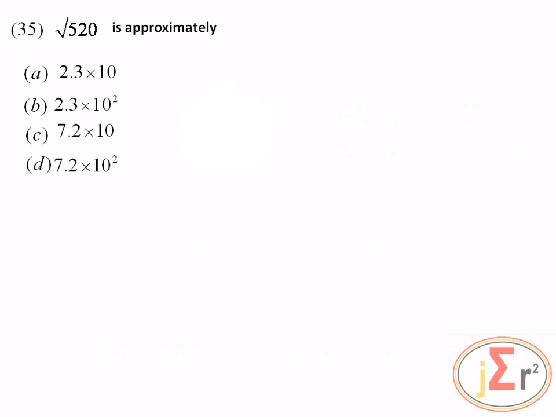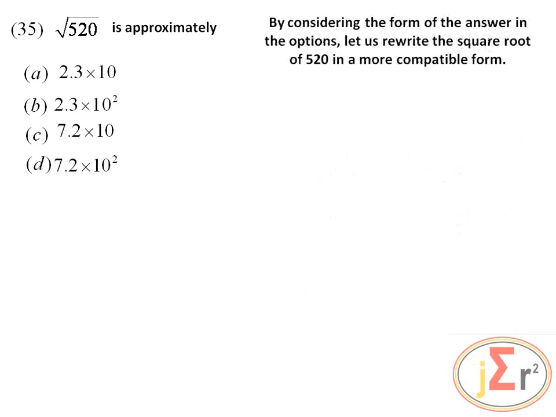We need to determine an approximate value of the square root of 520. By considering the form of the answer in the options, let us rewrite the square root of 520 in a more compatible form.